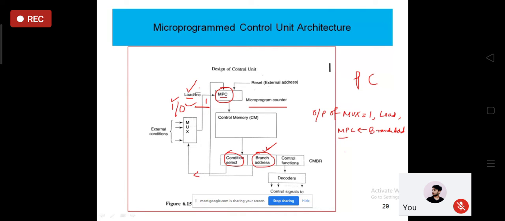And if the mux output is going to be 0, that means the INC bar operation, that's the increment operation, is going to happen. And in that case, the MPC, that is the microprogram counter value, will be incremented. Is it clear to you?